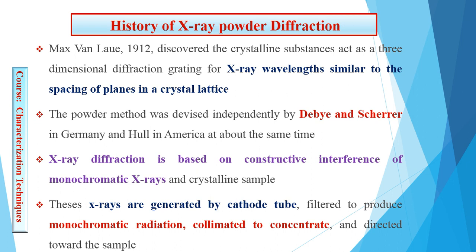So we have to filter these wavelengths to monochromatic radiation using different filters, and then collimate them to concentrate them to fall on the sample for the investigation of the crystal structure.